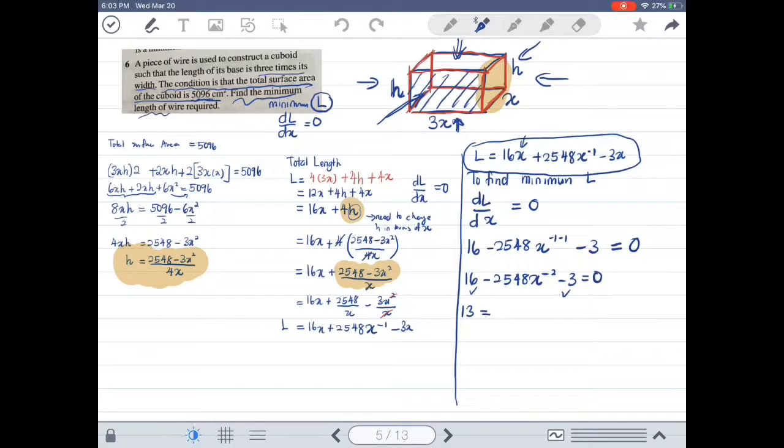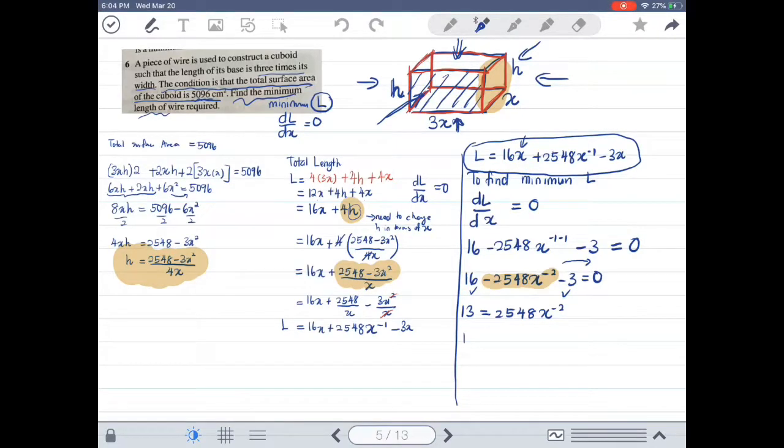And then I move this term here to the right hand side. It will become 2548 x to the power of negative 2.